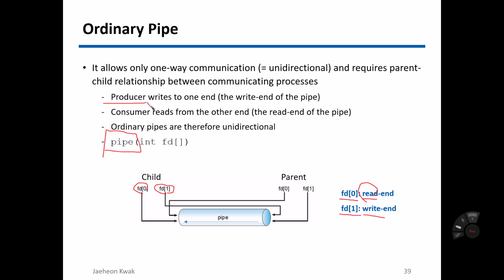So the producer writes to one end, fd[1], and the consumer reads from the other end, fd[0]. Data will always flow like this, from the write end to the read end. That's the key concept of the pipe.